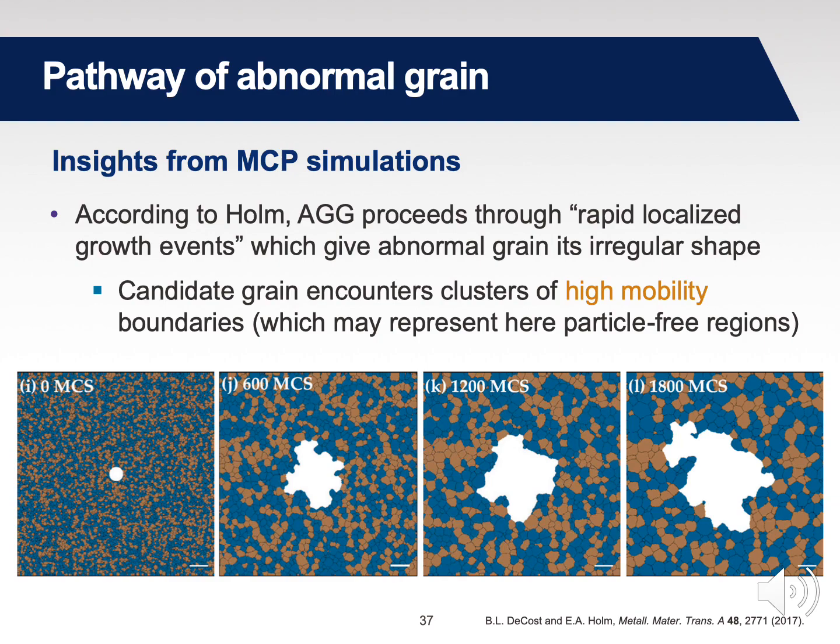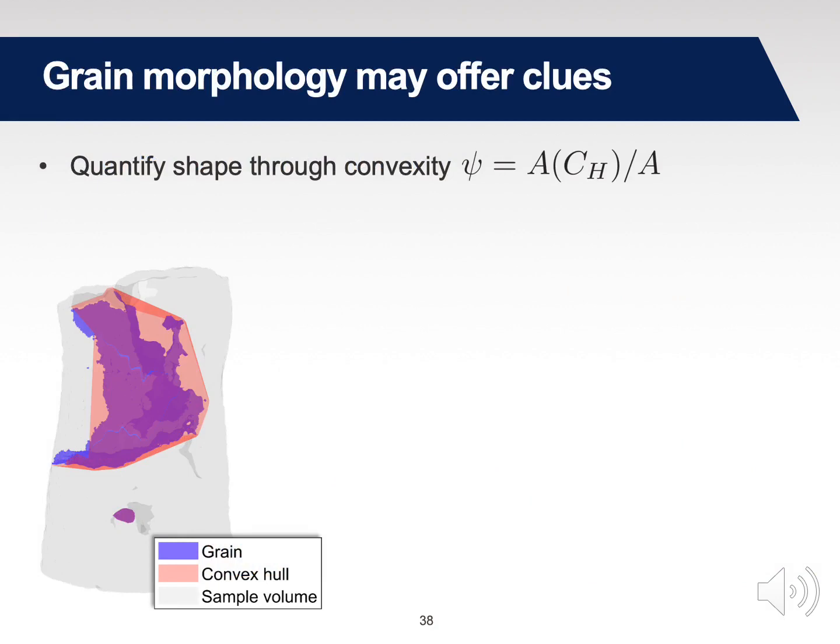And so in the interest of relating these simulations to our experiments, we quantified the grain morphology, which offers some clues on its pathway. We quantified shape through the parameter known as convexity, which is the area of the convex hull of a given grain, which is indicated in red here, and we divided it by the surface area of the grain.